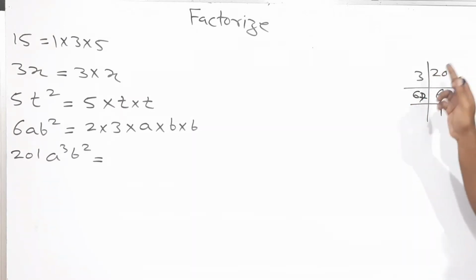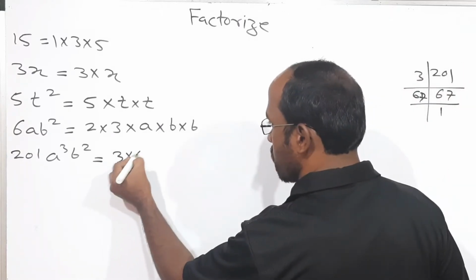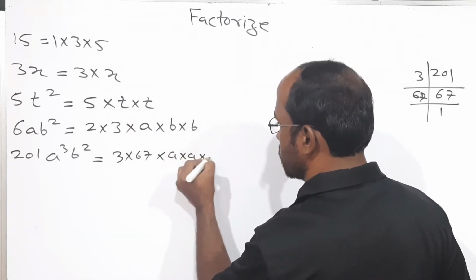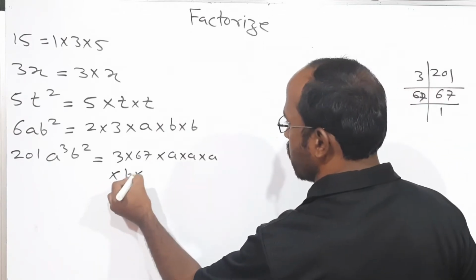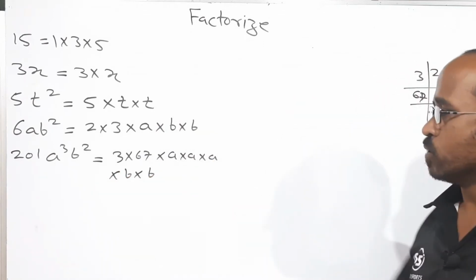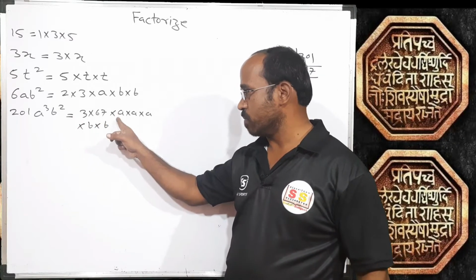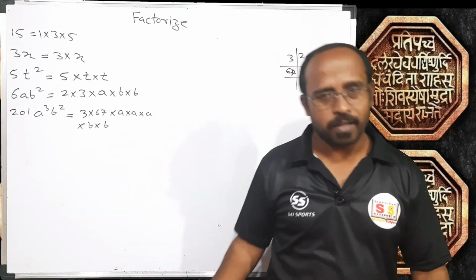So the factors of 201 are 3 multiplied by 67. Multiplied by a cube means a will multiply itself 3 times. Multiplied by b square means b will multiply itself 2 times. So 201 a cube b square is equal to 3 multiplied by 67 multiplied by a into a into a multiplied by b into b. As simple as it is.